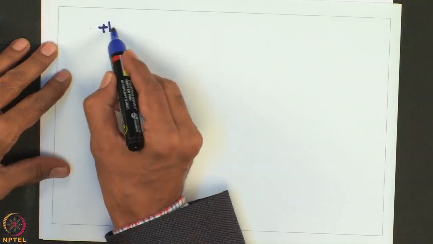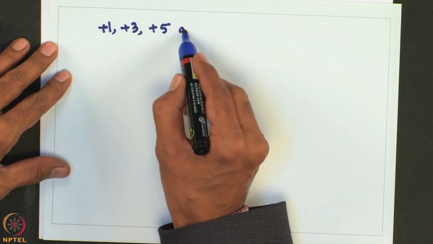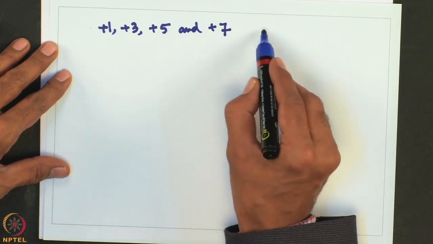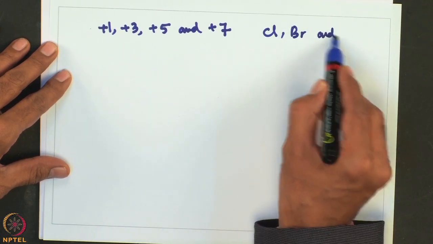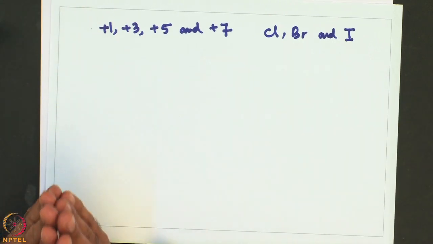Besides the -1 oxidation state, +1, +3, +5 and +7 states occur for chlorine, bromine and iodine, mainly in oxyanions and also in interhalogen compounds.